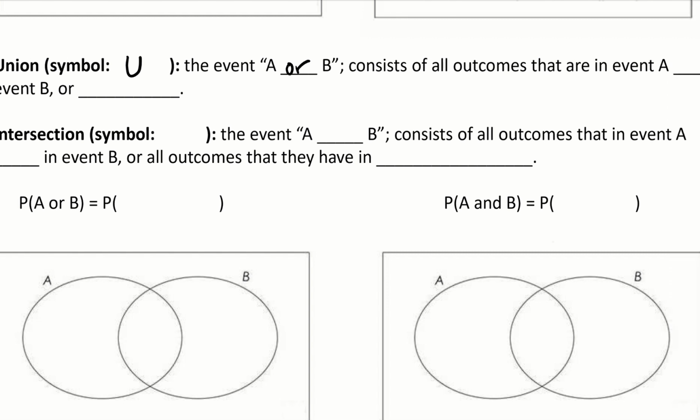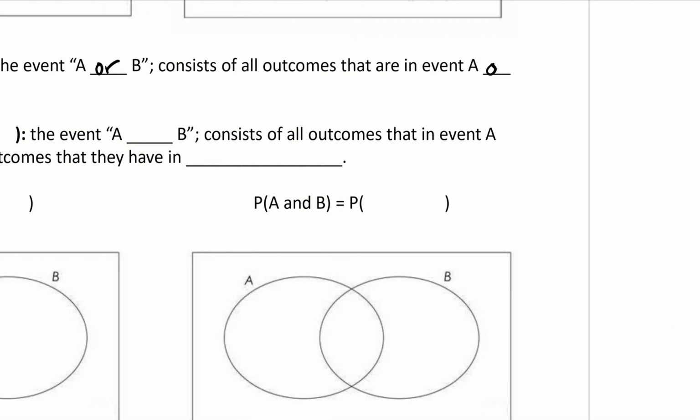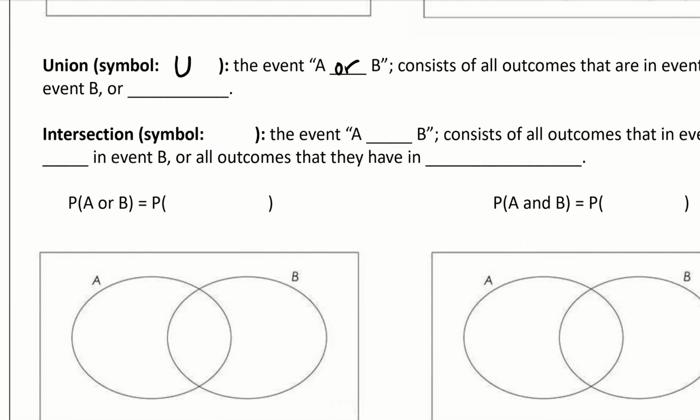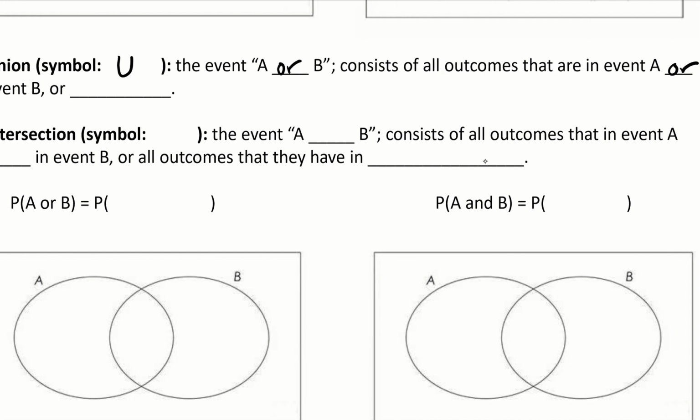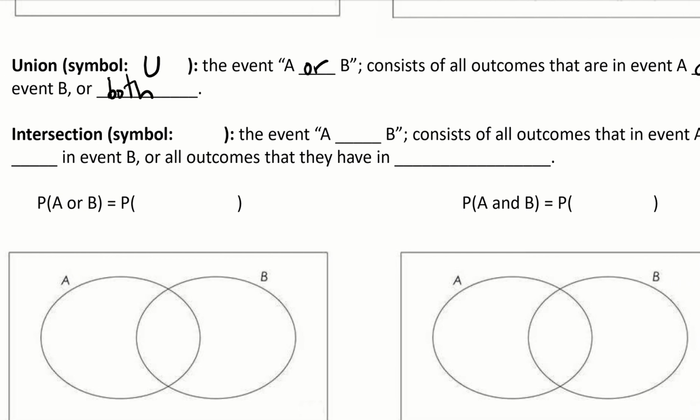It consists of all outcomes that are in event A or in event B, or both.